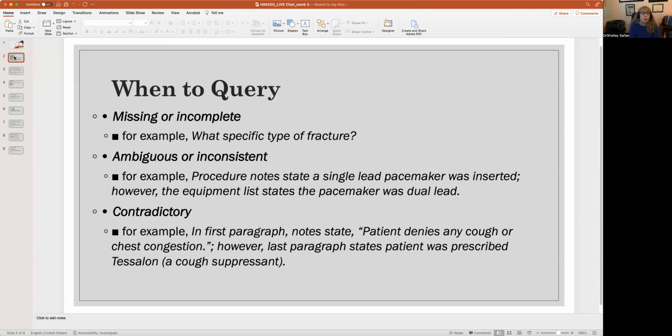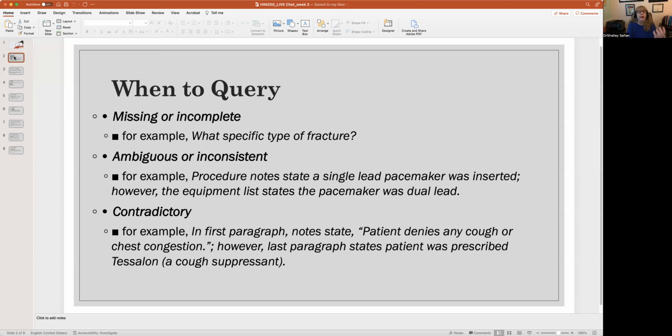And that is very important for us in research. It is important for us in reimbursement. It is important to continuity of care. It's okay. We are a team with the healthcare providers.